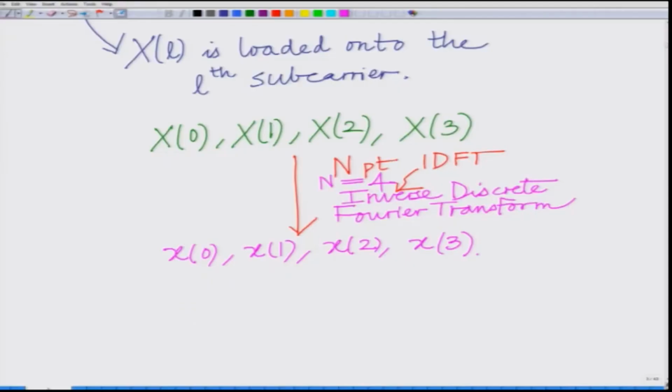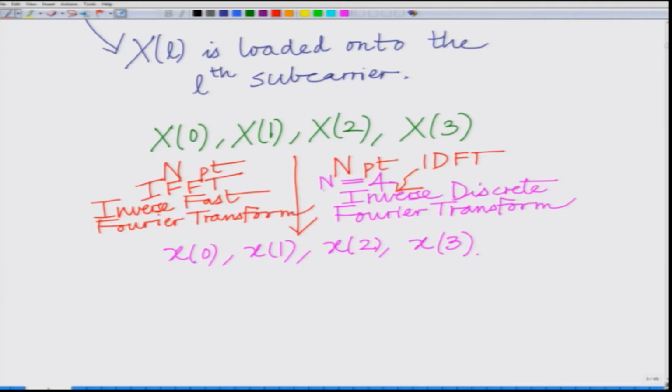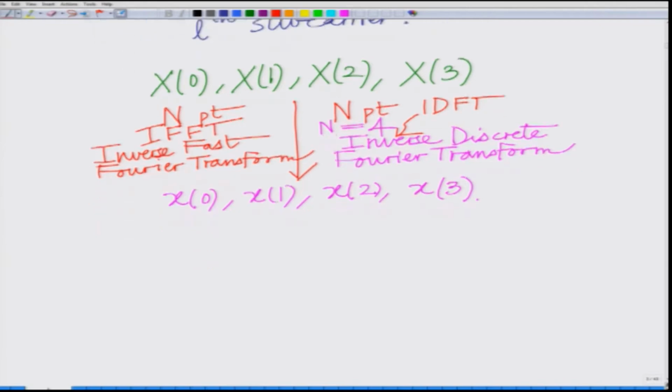This can also be performed very efficiently, in a very fast manner, using the inverse fast Fourier transform. Typically you will see the N-point IDFT is the same as the N-point IFFT. IFFT is simply a fast algorithm that performs the inverse discrete Fourier transform.